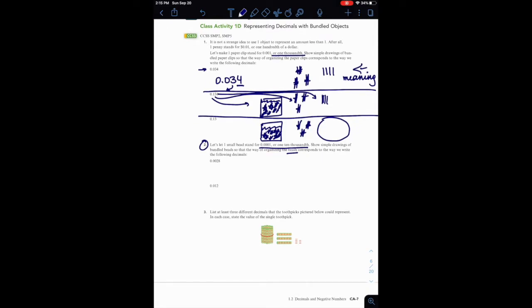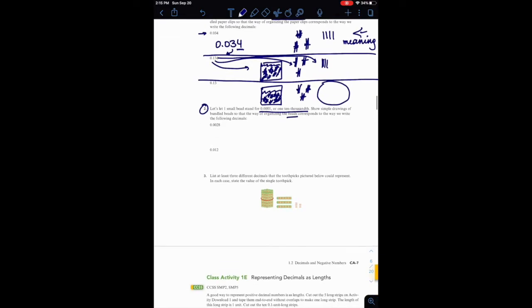Number 3, let's list at least 3 different decimals that the toothpick pictured here could represent. Well, what are the digits? So we have 7 and 3 and 1. So we have 7 loose, 3 bundles of 10, and 1 bundle of 100, or super bundle. We would put that into a Ziploc.